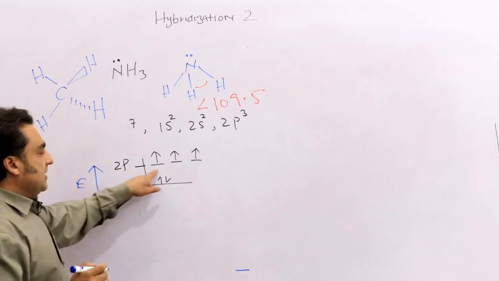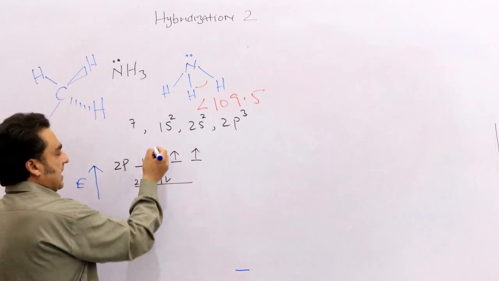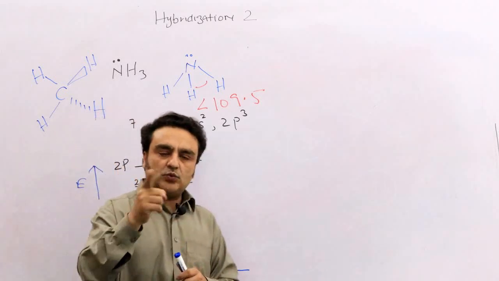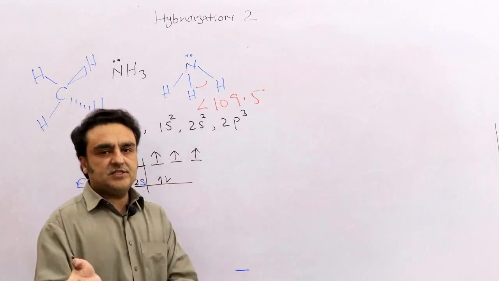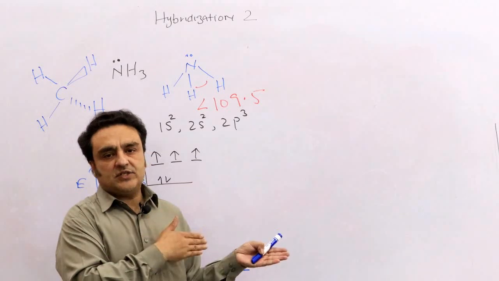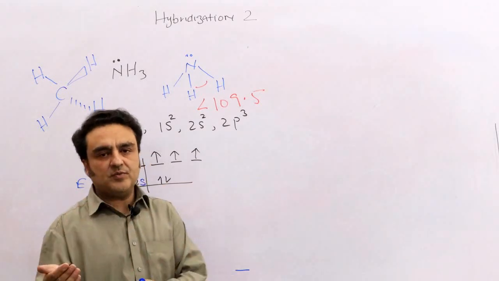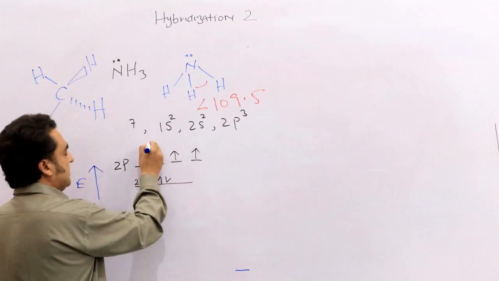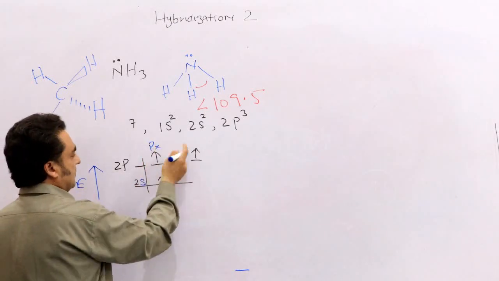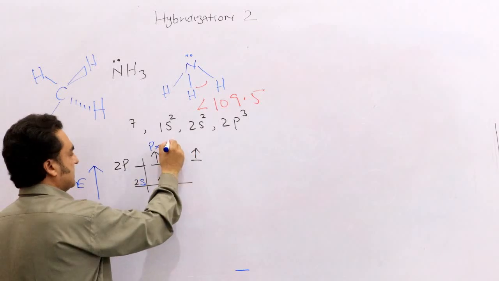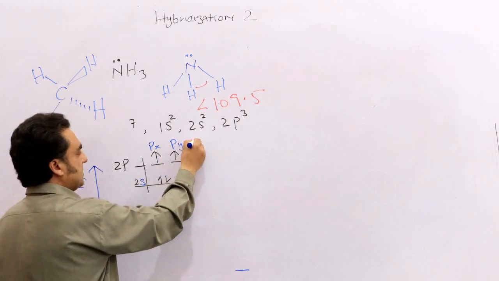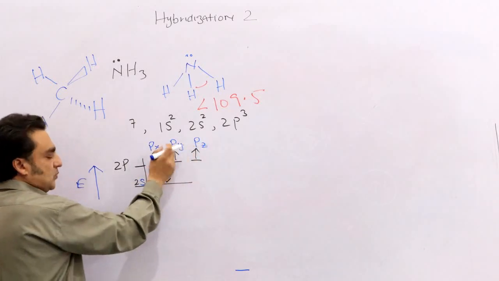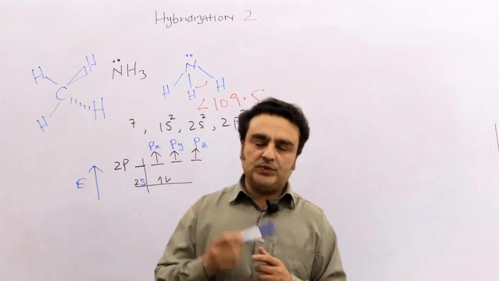Now here there are 3 p orbitals. They are arranged in x, y and z directions according to the Cartesian, or 3D, coordinate system, so they are named px, py, pz. These x, y, z mean that they are perpendicular to each other.